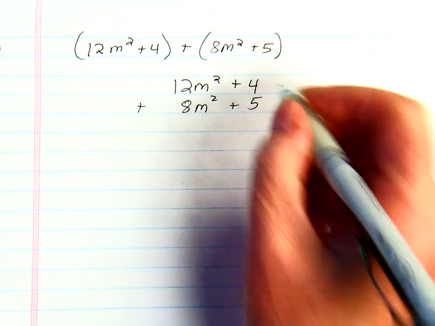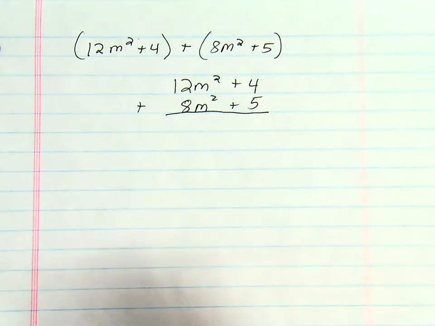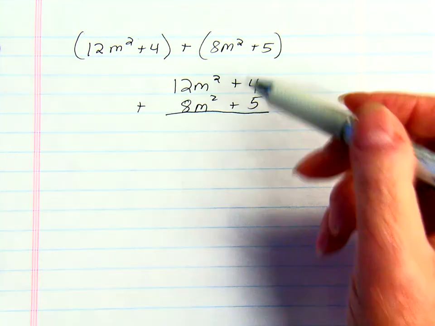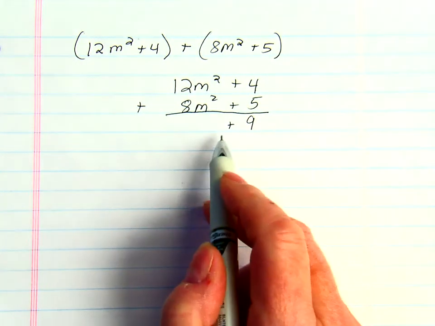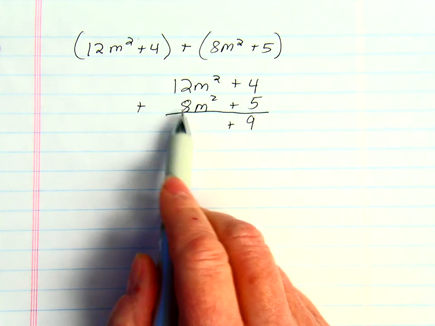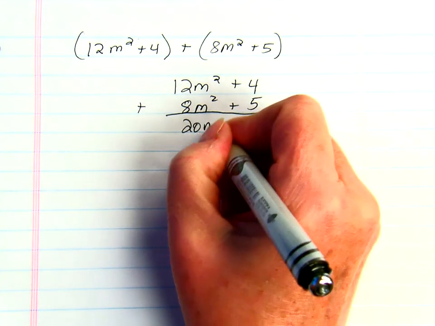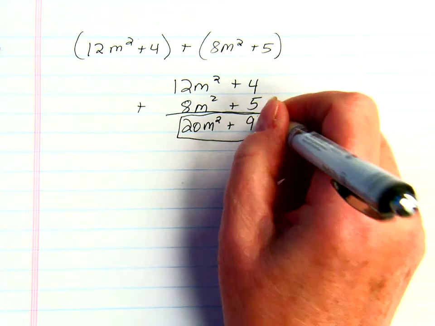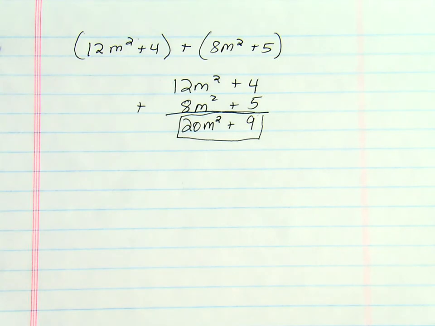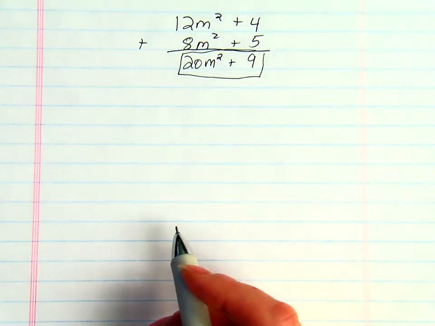Notice how this lined up really nicely, so I didn't have to worry about skipping spaces. 4 plus 5 is a positive 9, and 12 plus 8 is 20m squared. So my answer is 20m squared plus 9. Pretty simple.